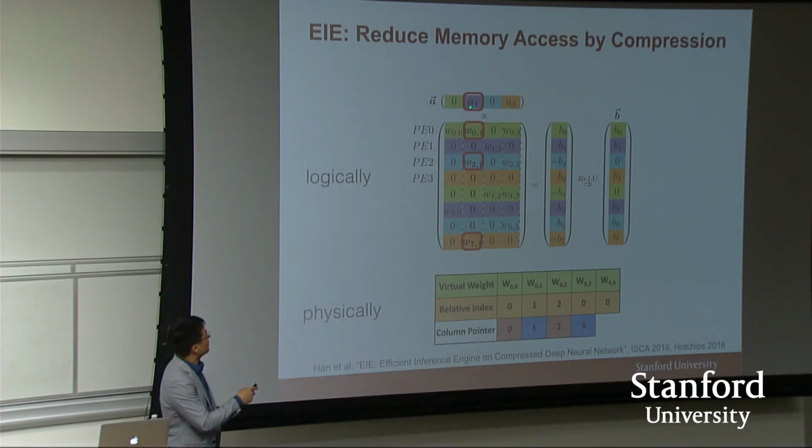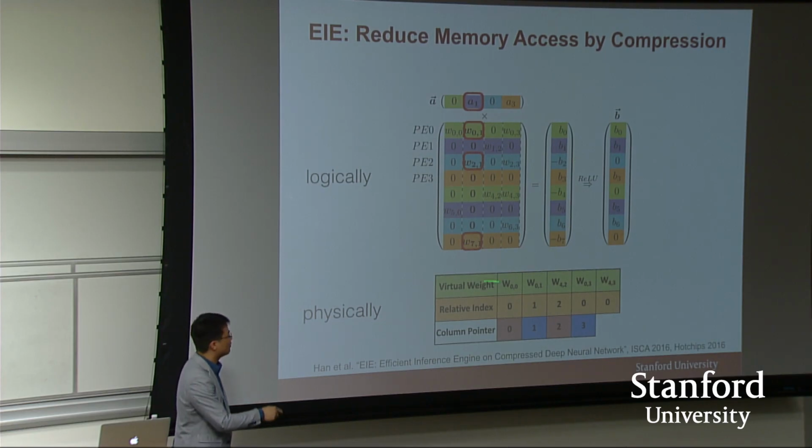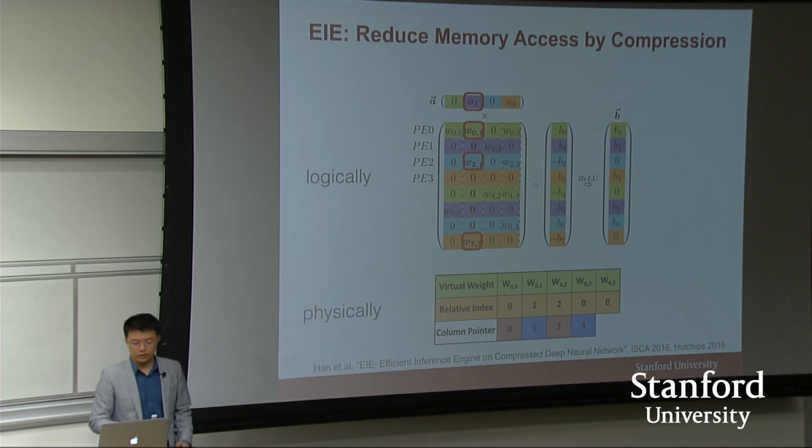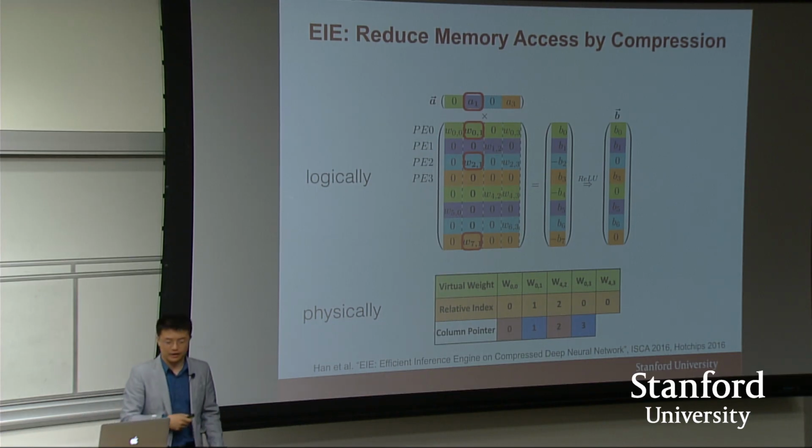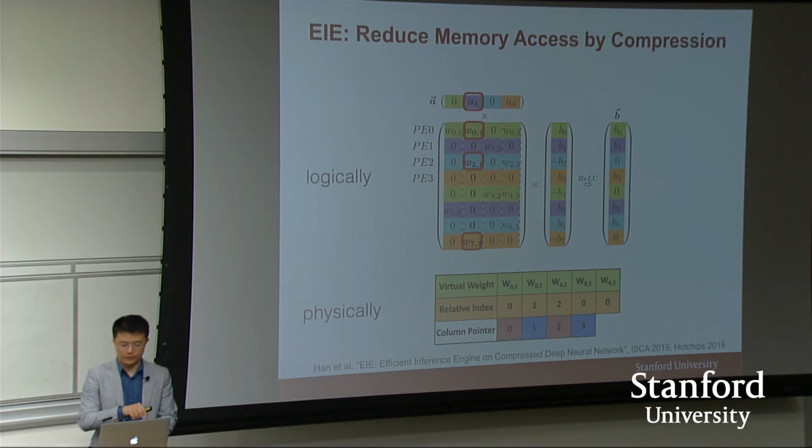So this is logically how the weights are stored, a 4 by 8 matrix, and this is how physically they are stored. Only the non-zero weights are stored, so you don't need to store those zeros. You save the bandwidth of fetching those zeros. I'm also using relative indices to further reduce the memory overhead.